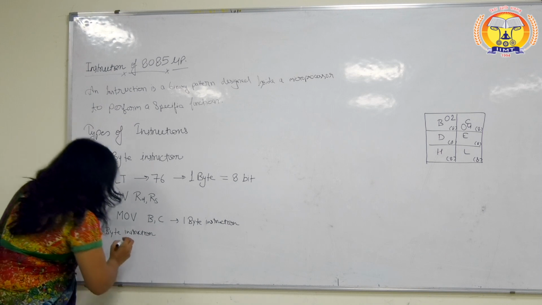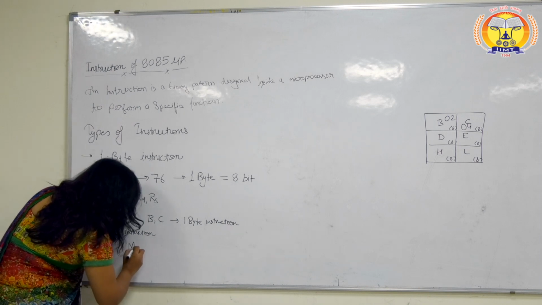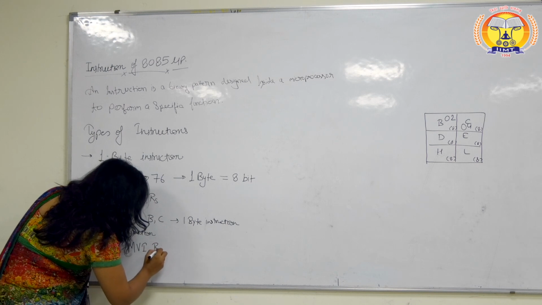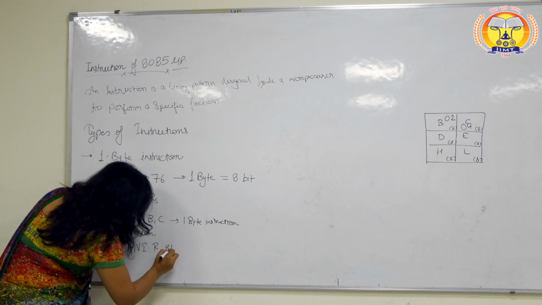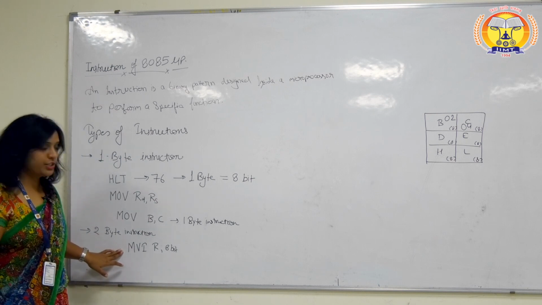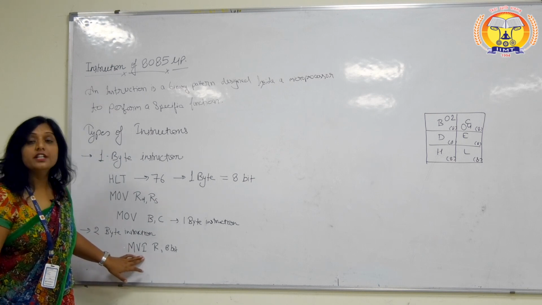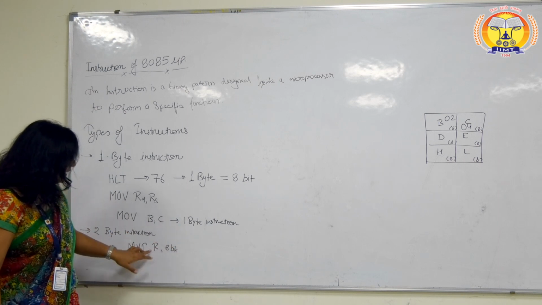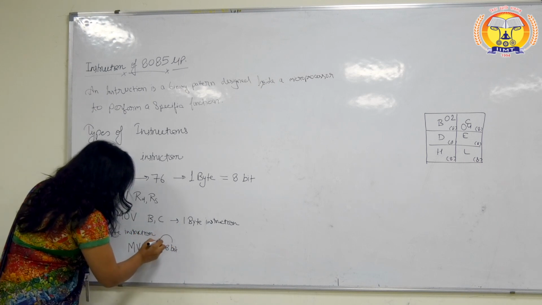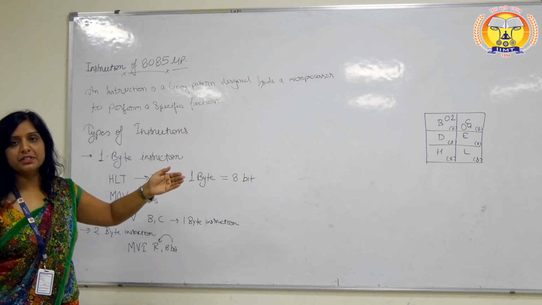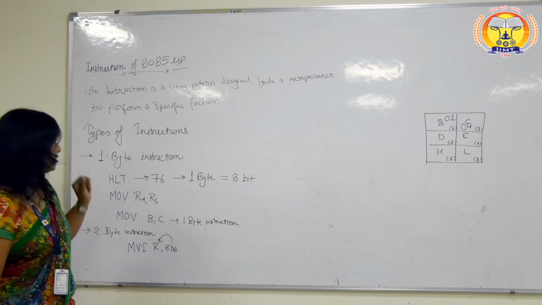For example, MVI R, 8-bit. This is a 2 byte instruction. MVI stands for move immediately this 8-bit data into register R. This register R may be any register from general purpose register or accumulator.